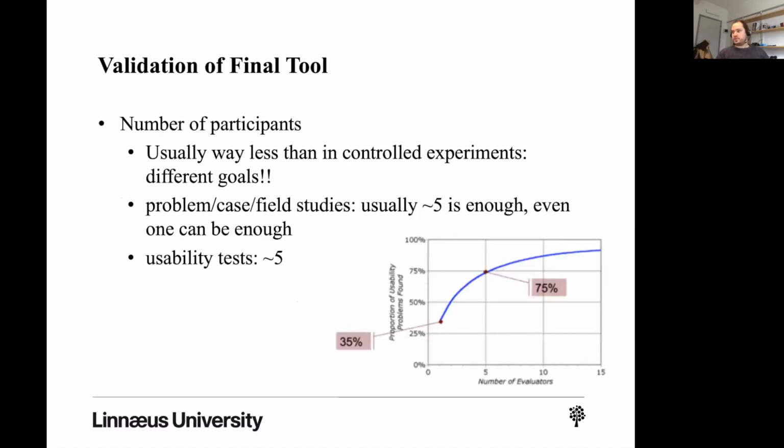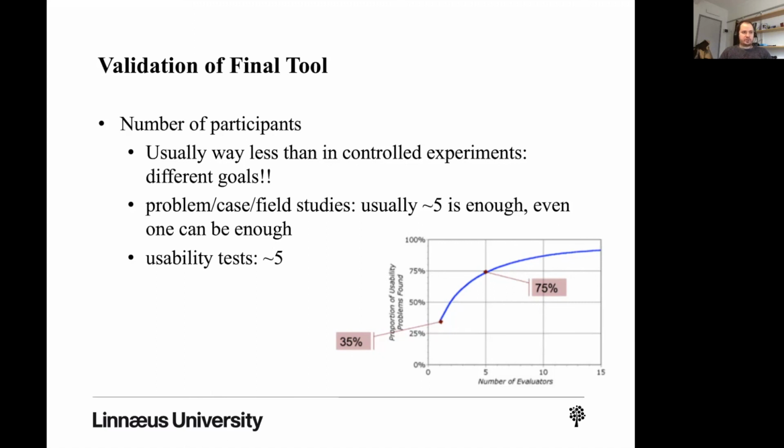And one thing that's interesting to know about this kind of validation is that for the amount of important information that you get from this informal analysis, you don't need so many people as you would need for a controlled experiment.